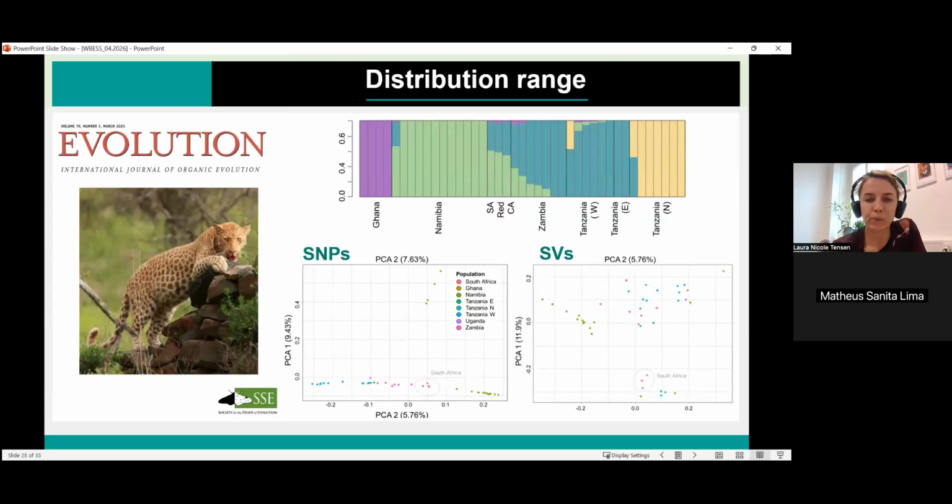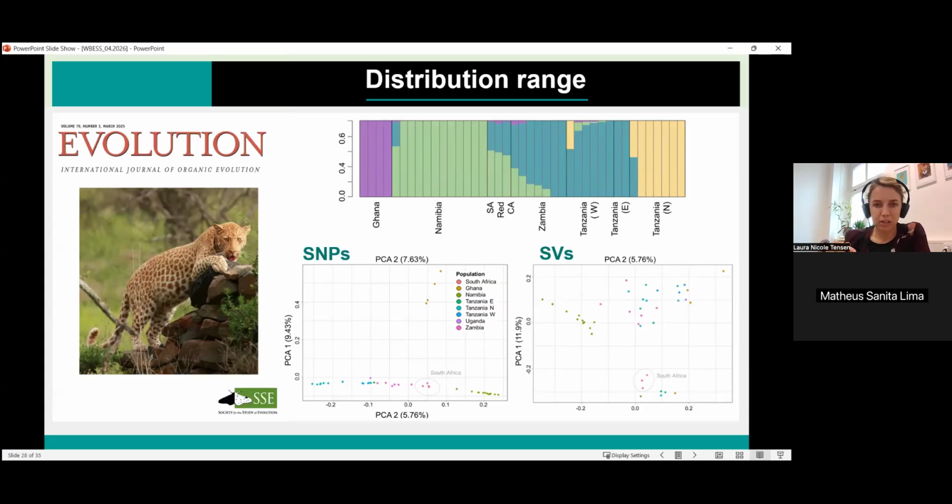So this is some of the results. In the top, again, you can see that comparison with the whole of Africa. This study was done before we were able to include the Cape leopard, but what you can see is that, again, Ghana really stands out, and the South African population, or at least our 3 individuals, form a mixture between leopards that we found in Namibia and Zambia.